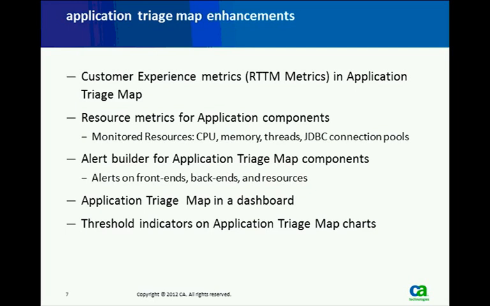These are metrics that we currently gather through our platform monitors, and also possibly through the application server via JMX or for web server via PMI. These are metrics that we already collect, but now you have the option to configure them to show up and be correlated to the front end on the visualization on the triage map as well. So now you have the ability to see, hey, this is how my transactions are performing.